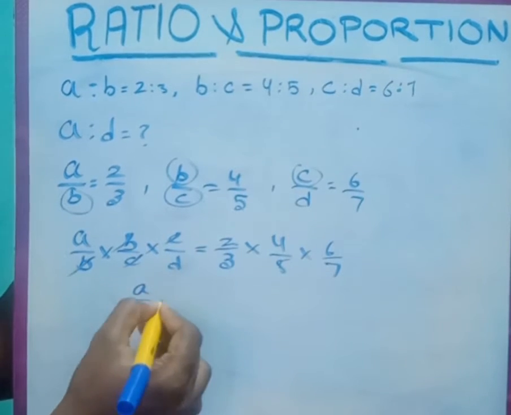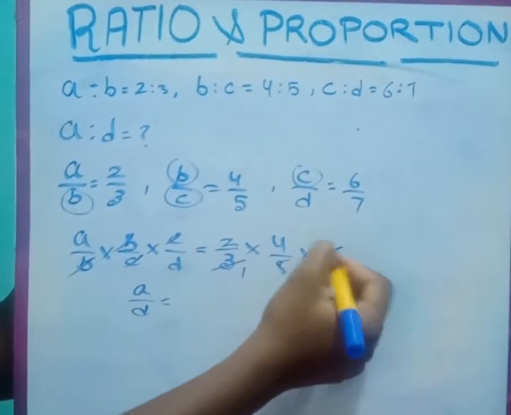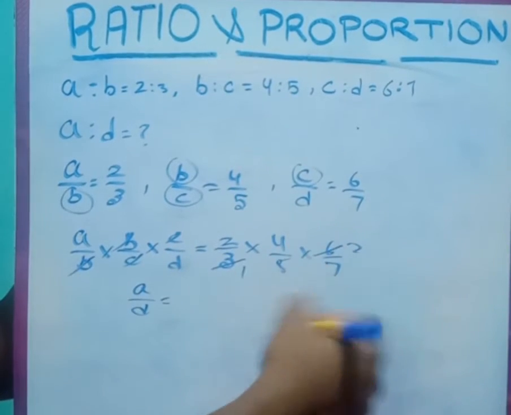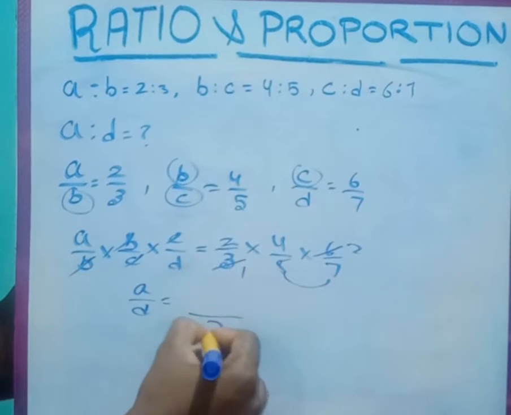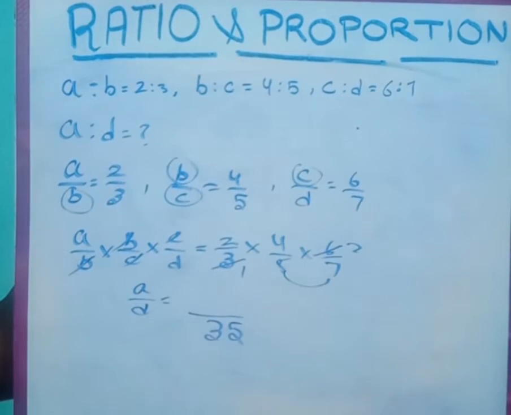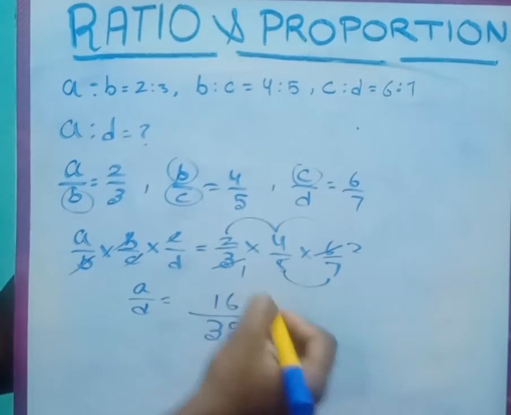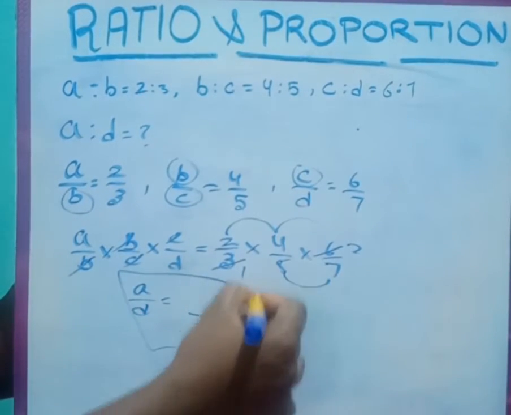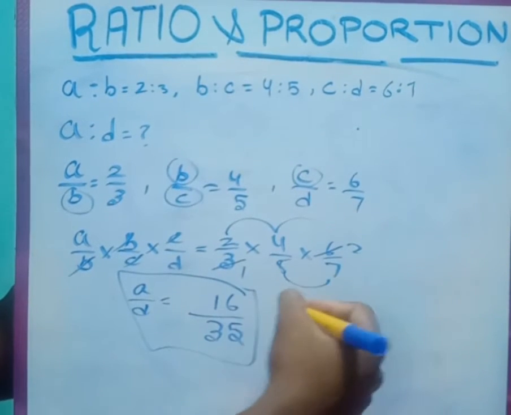A by D equals, here also we can cancel, right guys? 3 ones are 3, 3 twos are 6. So if we calculate this, 5 sevens are 35, right? And 2 fours are 8, 8 twos are 16. So we got the fraction value. Now we have to write it in terms of a ratio.